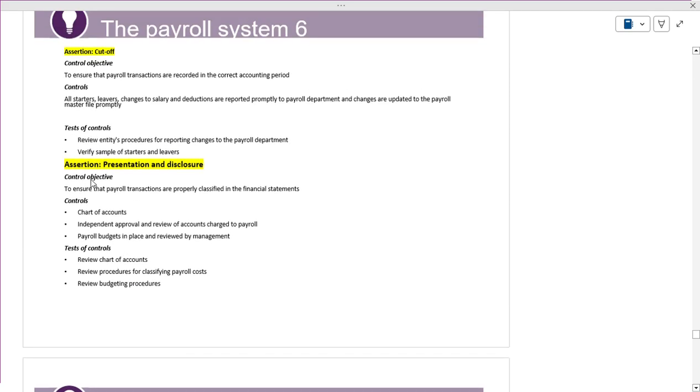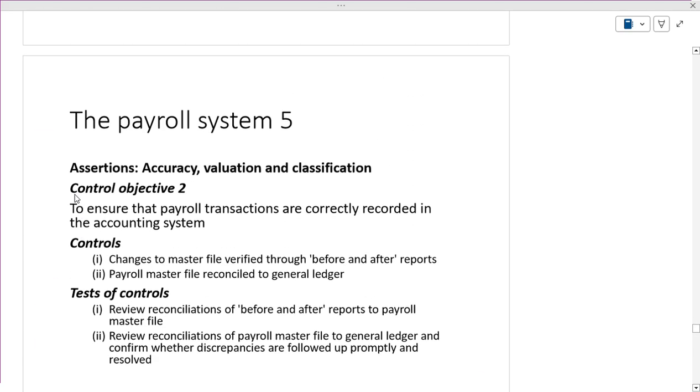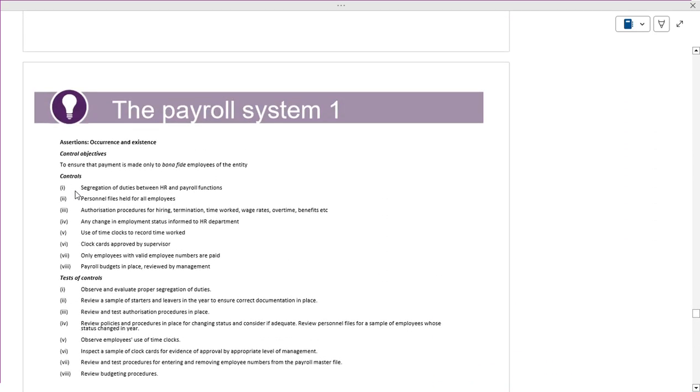We'll complete payroll and we will stop. Is it okay with you? Yes or no? Yes, sir. Okay, we'll complete payroll and we'll stop.